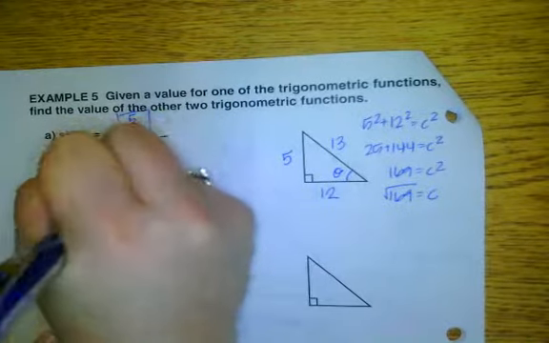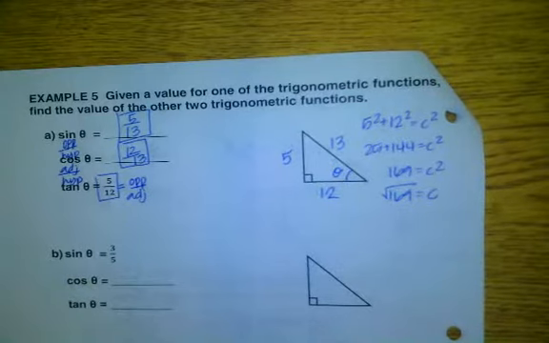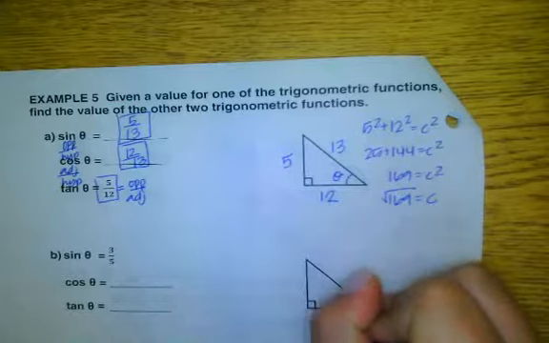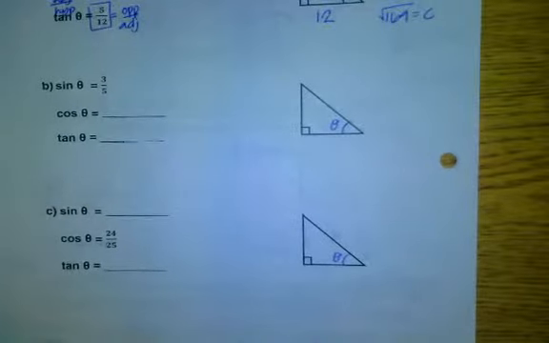I want you to do letter B and C on your own. Keep theta this angle here. All of them are triples, so you shouldn't get any decimals as far as your lengths go.